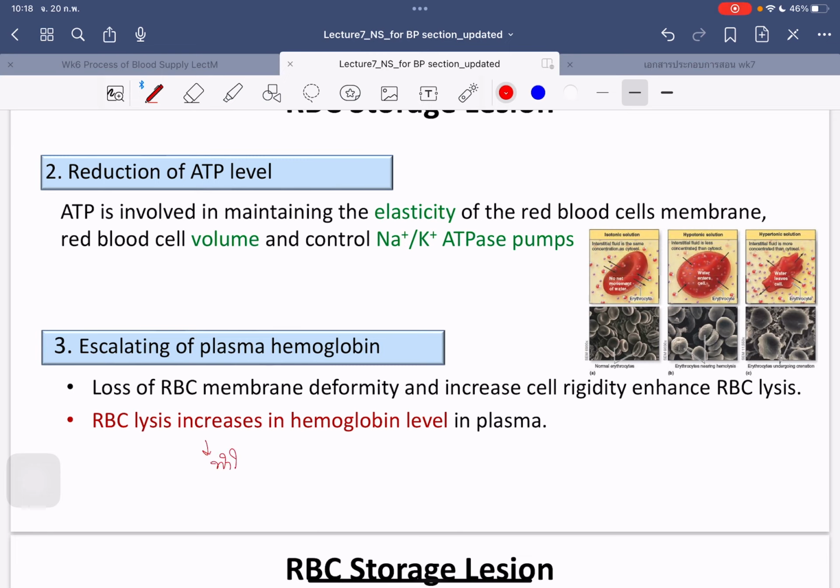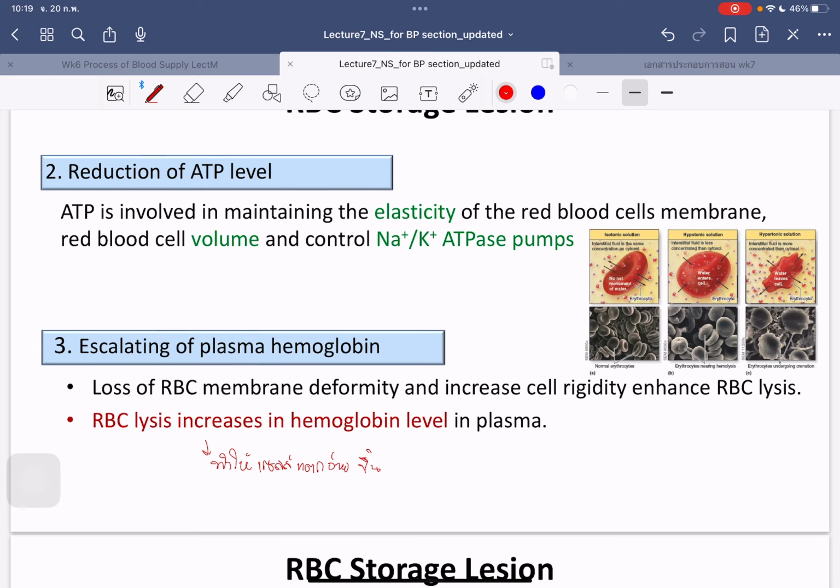But if it becomes rigid or hard to move, it is easy to induce red cell lysis, and then free hemoglobin will be released from the red blood cells. That is why if you keep red blood cells for a long time, you can find the hemoglobin level increases as well.